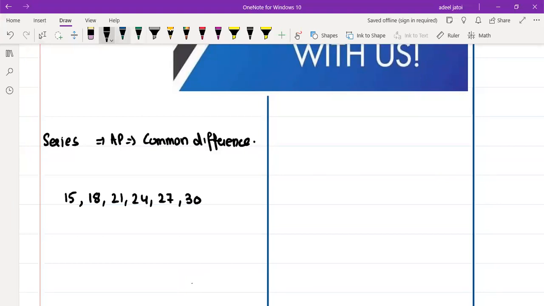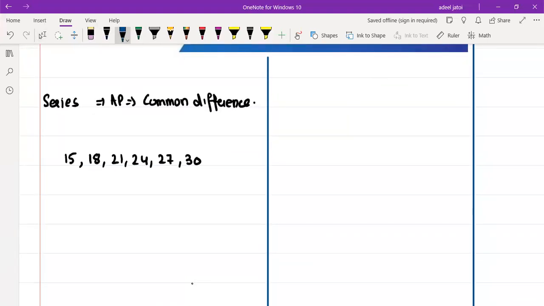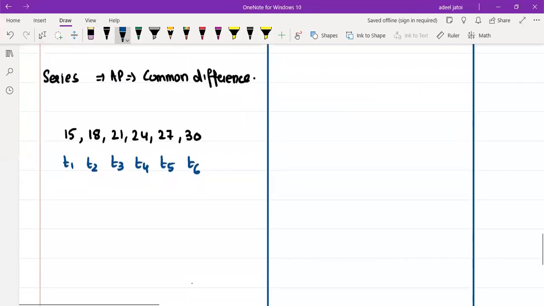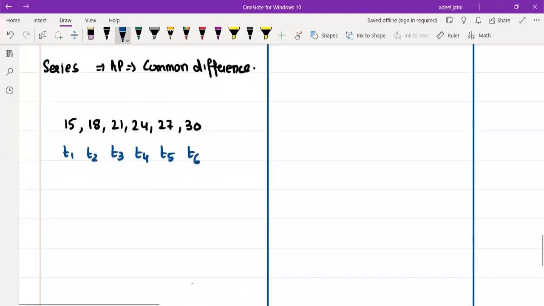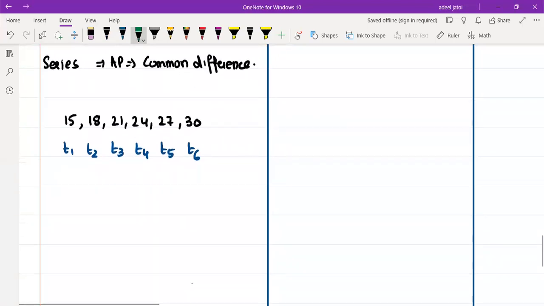So what do we have here? We have 15 as T1, 18 as T2, 21 as T3, 24 as T4, 27 as T5, and 30 as T6. So what you see is that this particular series has a difference of 3.